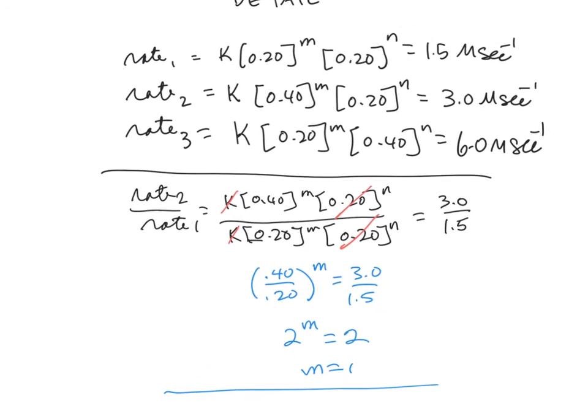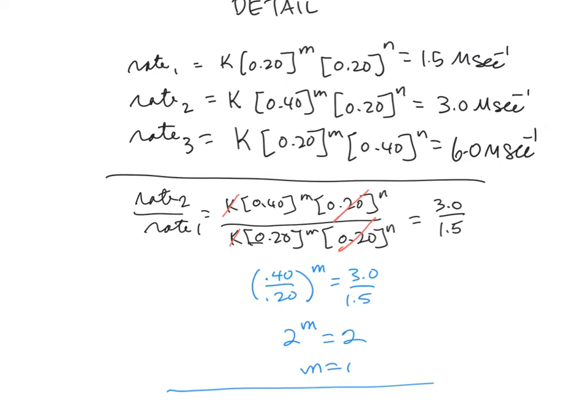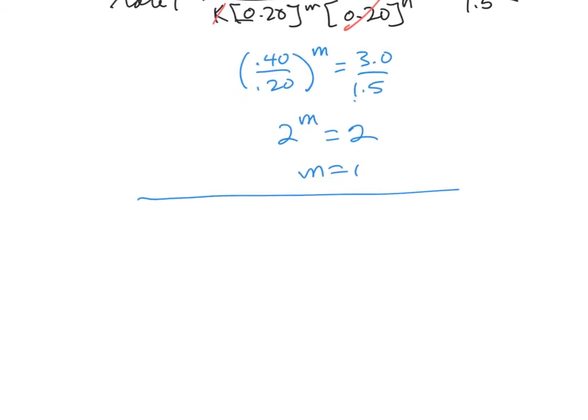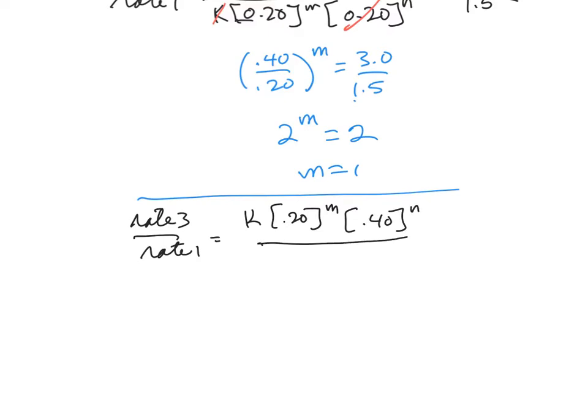Then you can take your rate 3 and divide by rate 1. Just do it again. So you can say rate 3 divided by rate 1, and that will be equal to k times 0.20 raised to the power m times 0.40 raised to the power n, and then that'll be divided by k times 0.20 raised to the power m and 0.20 raised to the power n, and that'll be equal to 6.0 divided by 1.5.